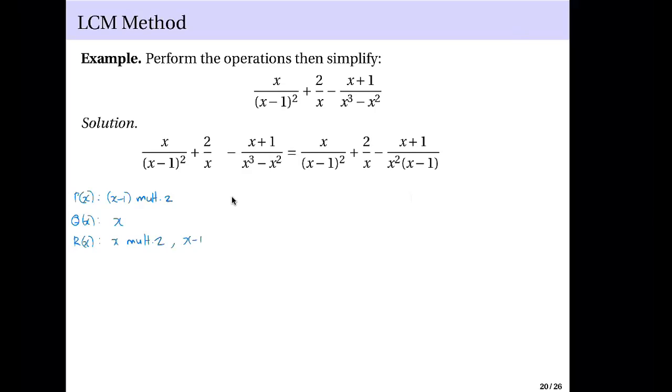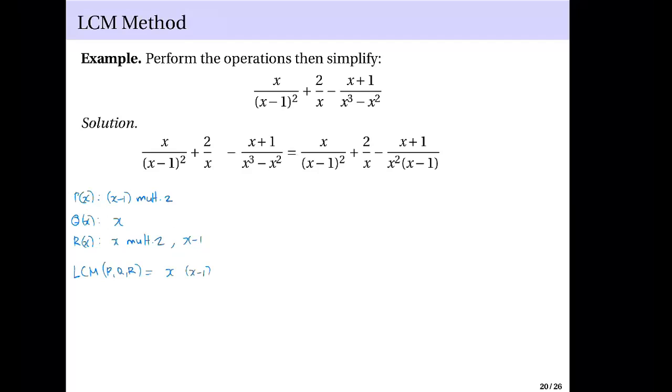So what is now the LCM of P, Q, R? We multiply all the factors that appeared. You have your x minus 1, you have x. Here also you have x and also x minus 1.